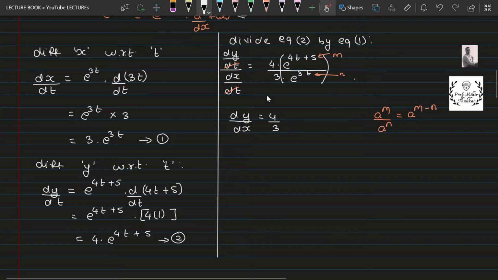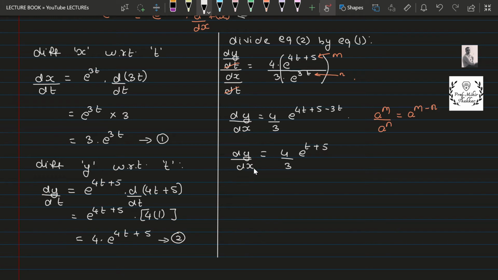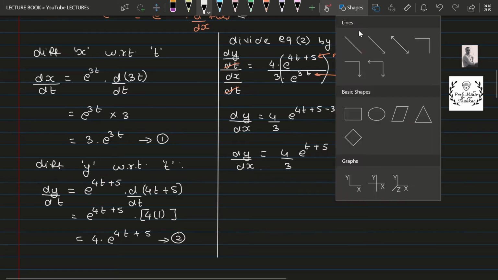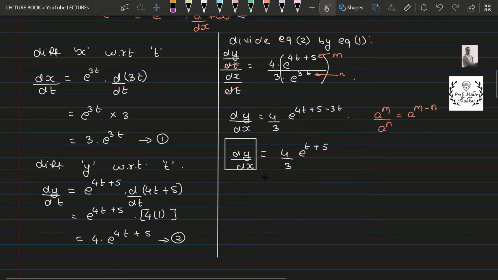So you will get 4t plus 5 minus 3t. So when we simplify, I get dy by dx equal to 4 upon 3 e to the power t plus 5. So students, that is your answer for sum number 3 of question 1.